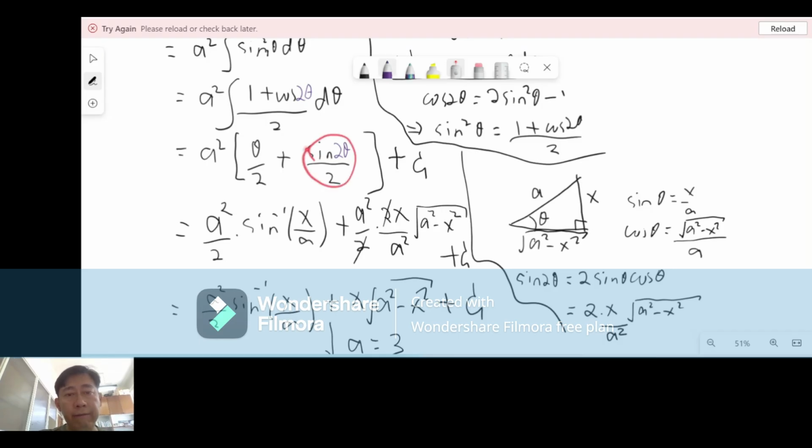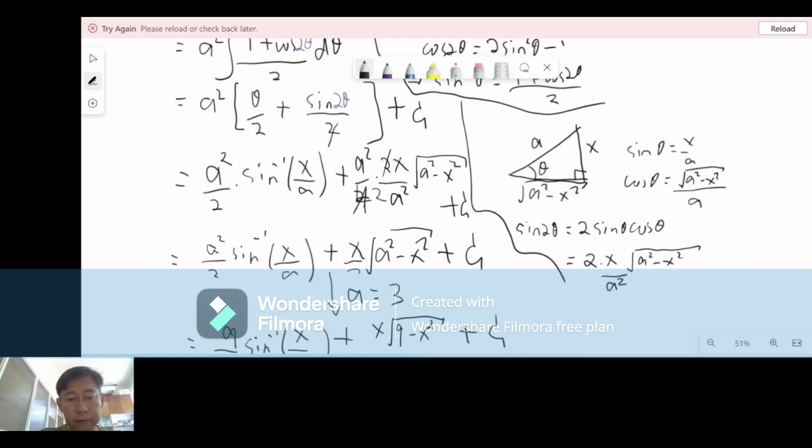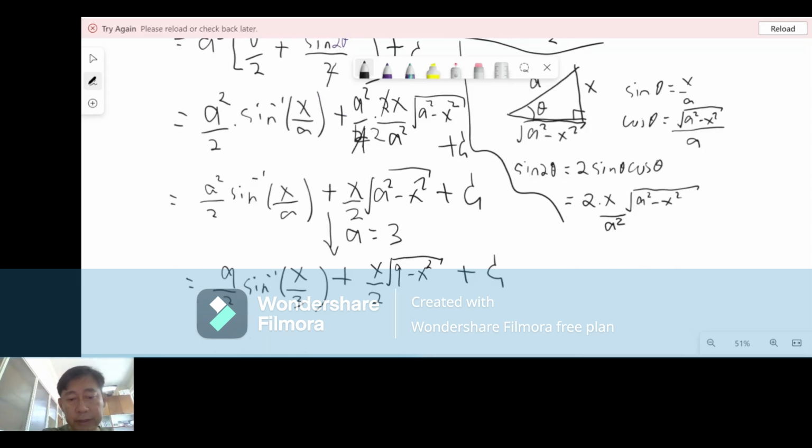Here, I should have a factor of 4 instead of 2 due to the presence of this factor 2 and the 2 in the cos of 2 theta. So I have to make some corrections. There's a factor of 2 here, and this would be a factor of 4. So there's a factor of 2 here as well.